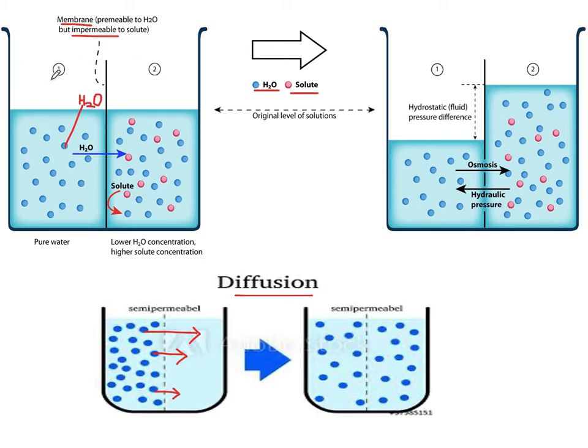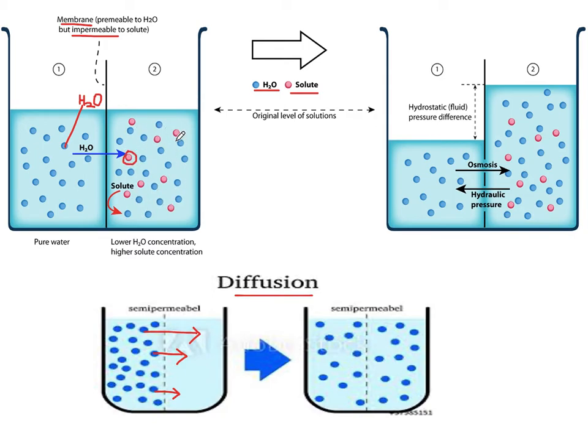Say in one solution there is pure water, so we can see only blue dots, that means only H2O particles, while the second one has a lower H2O concentration and higher solute concentration. We can see the comparison. The number of H2O molecules will be comparatively less, because certain space which could have been taken up by water molecules has been taken up by these solute particles, right?